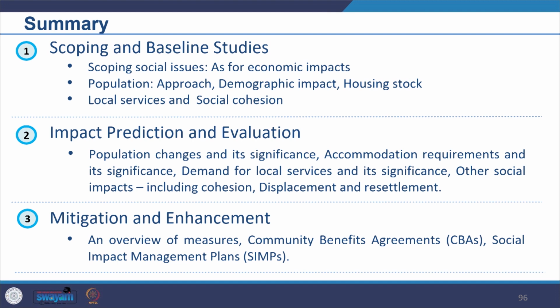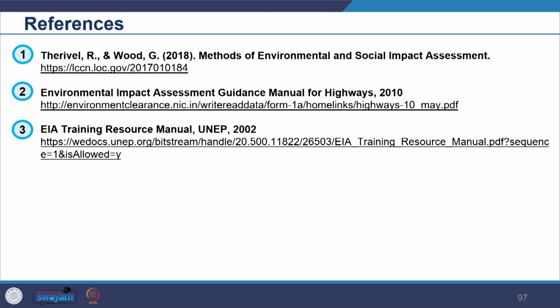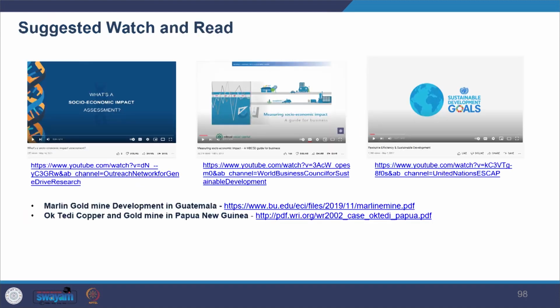Then we looked at mitigation and enhancement methods, and also community benefit agreements and social impact management plans, and then also looked at the example of monitoring. That was all we covered today, and these were the references for this particular session. You can also see certain suggested watch and read material.